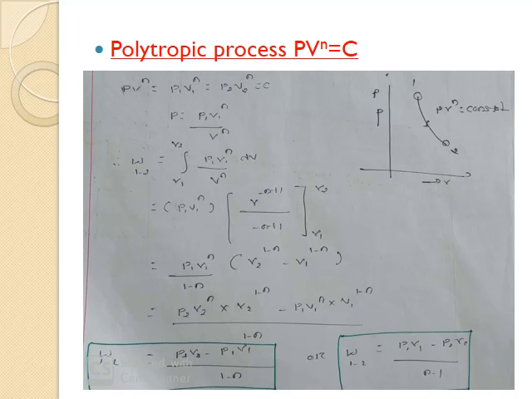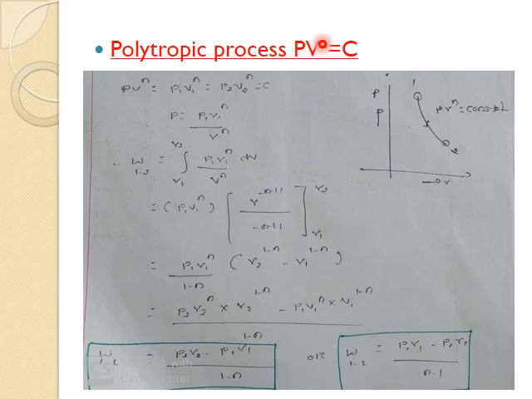Now we will derive an expression for work done in a polytropic process. A polytropic process represents any thermodynamic process which obeys this expression: PV to the power n equal to constant, where n is the polytropic index. Based on this polytropic index value n, it takes different forms.